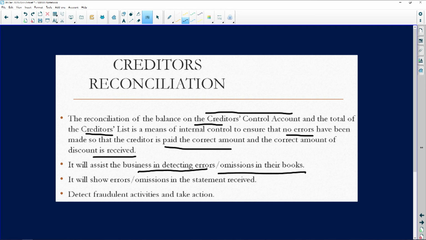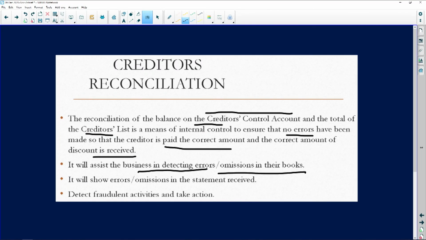There may be an error in the list or in the control account. It will show errors in the statements that are being received. Obviously, that's the external one when we're dealing with the external creditors recon. And also, we can detect fraudulent activities and take action. So all of this forms part and parcel of our internal control when it comes to our creditors.